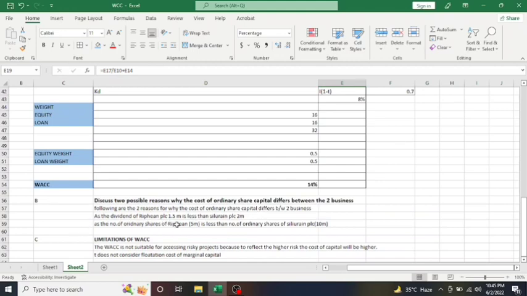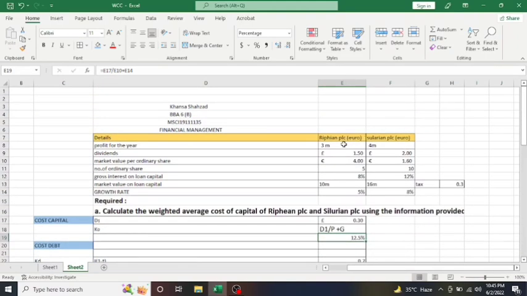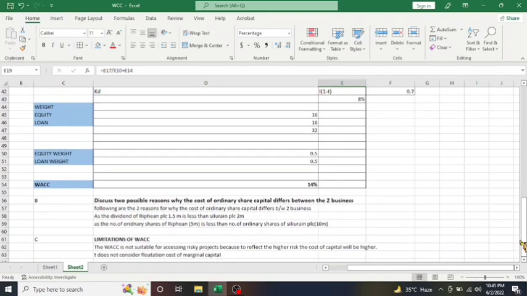The dividend of Rifan PLC is 1.5 million and the dividend of Solarian is 2.2 million. If you go up there, you can see the difference between the dividends. Here you can see it's 1.5, and here you can see it's 2.